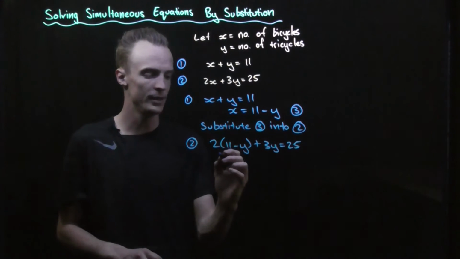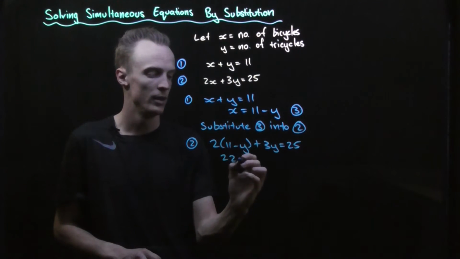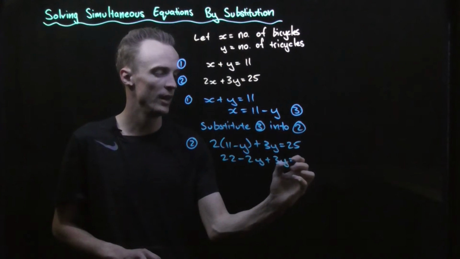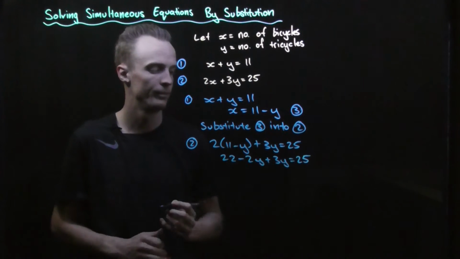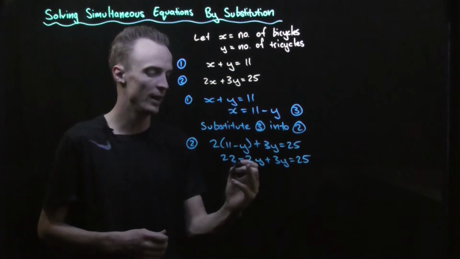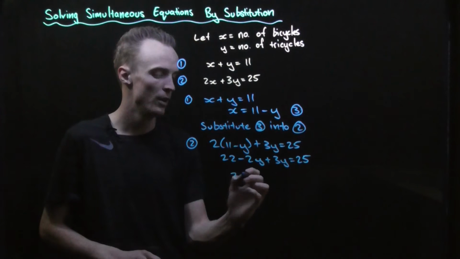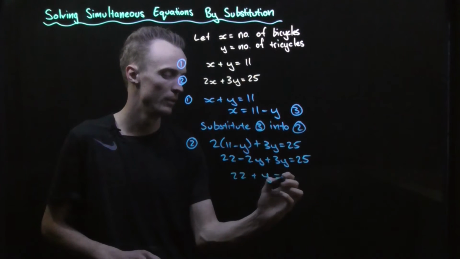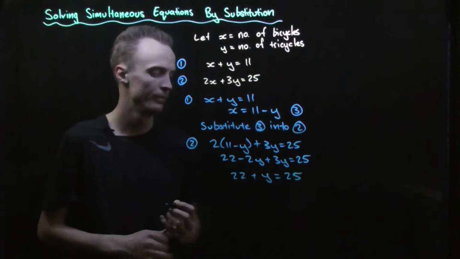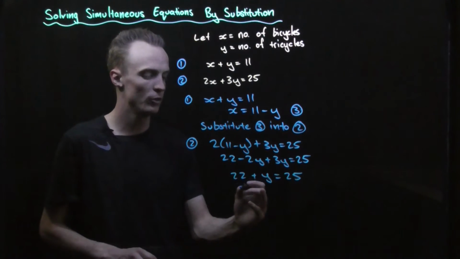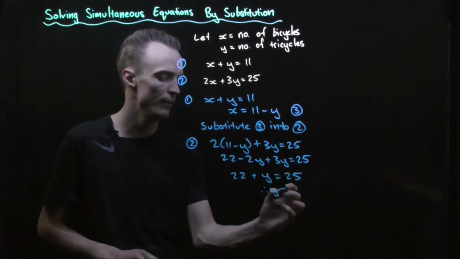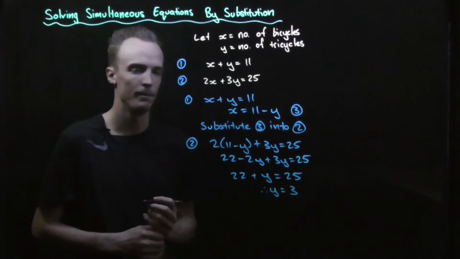I then expand this side, so it will be 22, subtract 2y, plus 3y equals 25. I simplify this side, so negative 2y plus 3y will be 1y, or just plus y, equals 25. Then I solve for y by subtracting 22 from both sides, so therefore my y value will be 3.